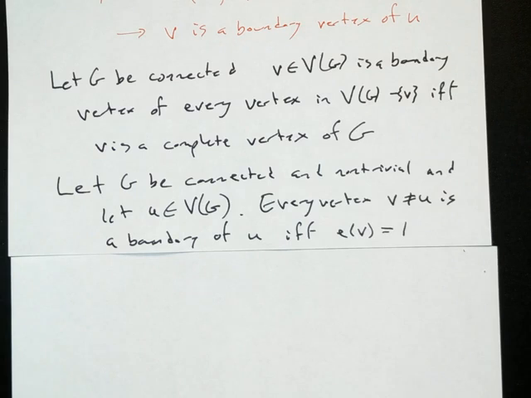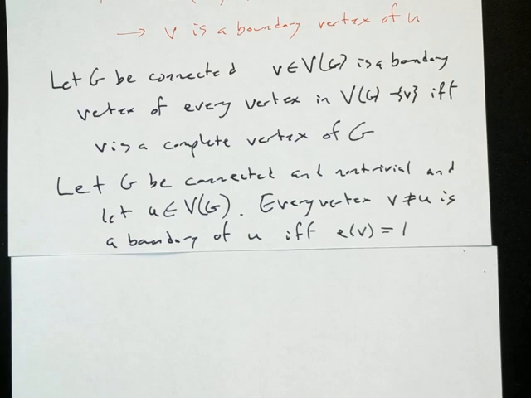Definition of a boundary is that if I go a step away, I haven't made my distance go up, right, Reese? Again, I don't know that everything is eccentricity 1, but I know that this one is eccentricity 1. It means the furthest distance you can get from this vertex is 1 step away, right? So if you step to something else, if there was not a direct path, then there would be a path of length 2, wouldn't there?